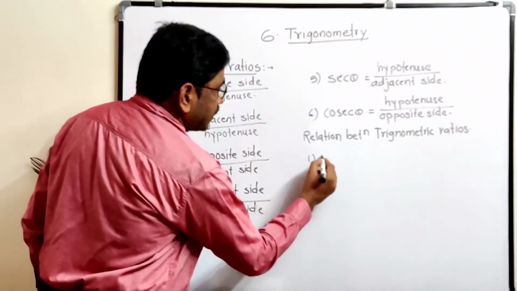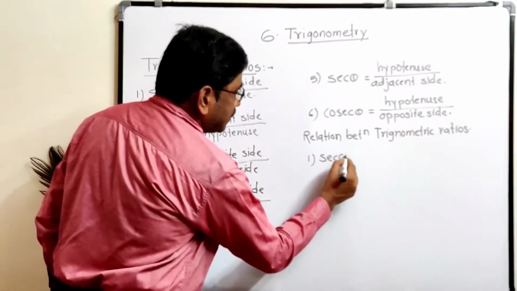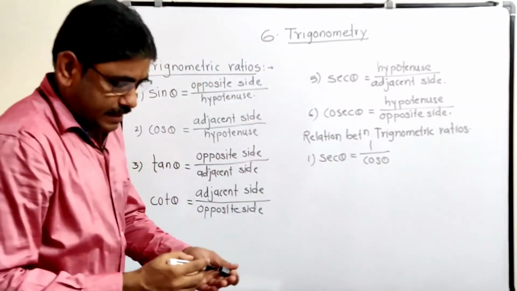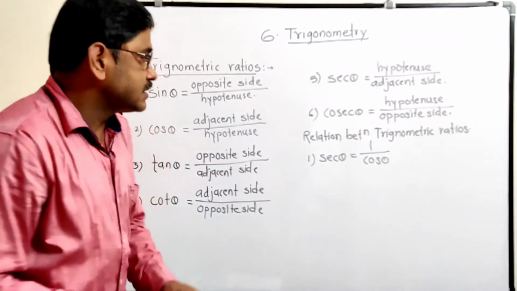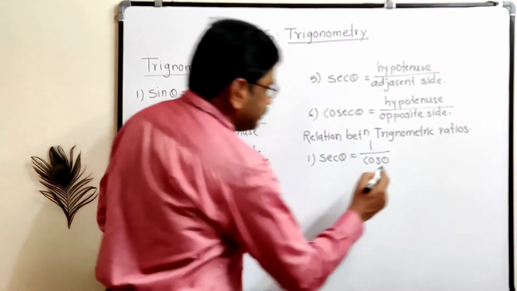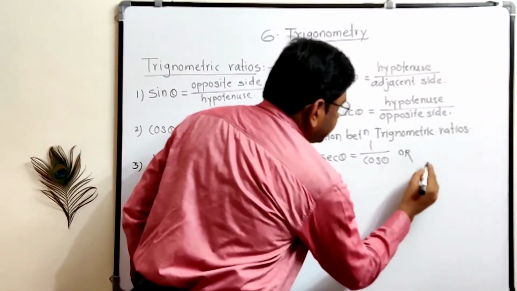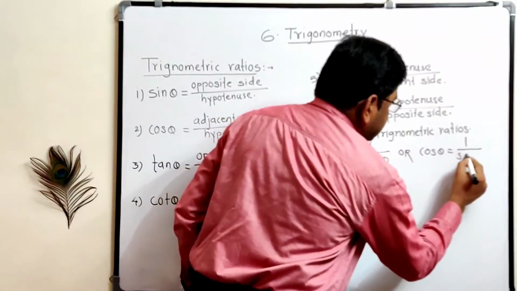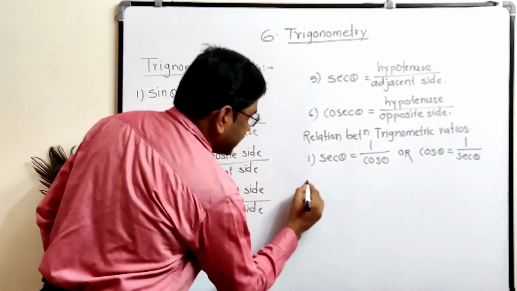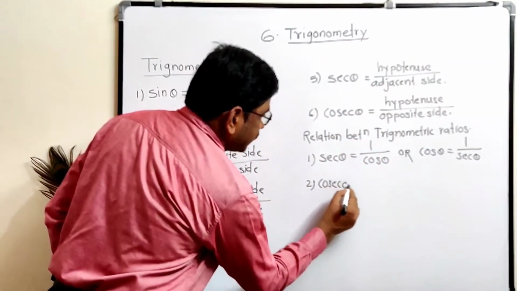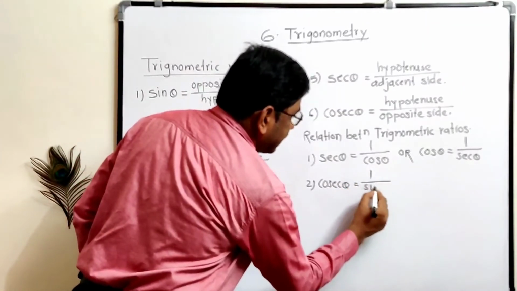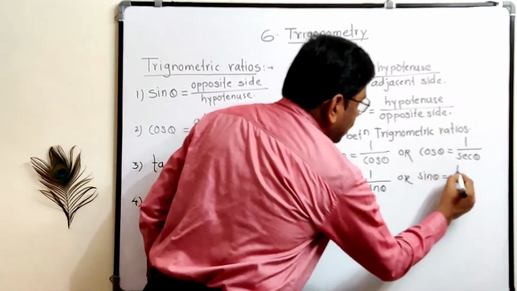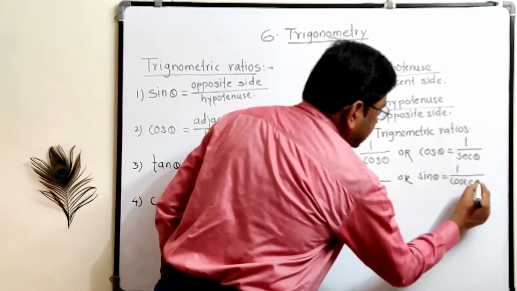First relation is sec theta is equal to 1 upon cos theta, or we can write cos theta is equal to 1 upon sec theta. Second is cosec theta is equal to 1 upon sin theta, or we can write sin theta is equal to 1 upon cosec theta.